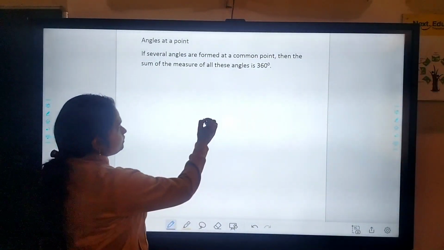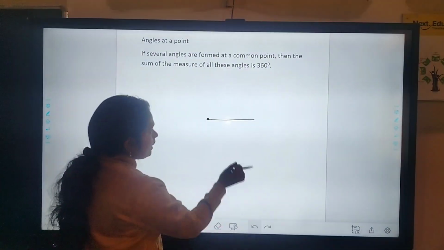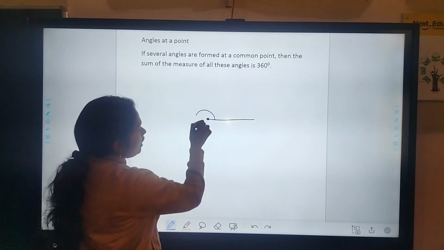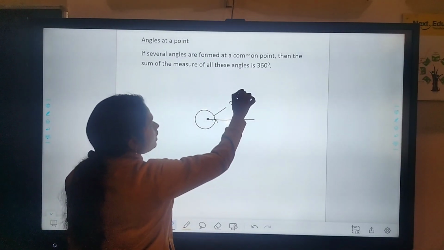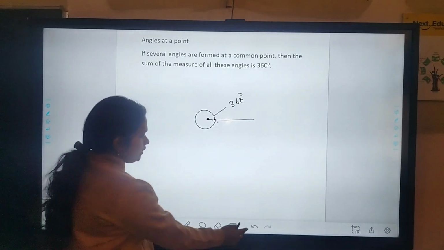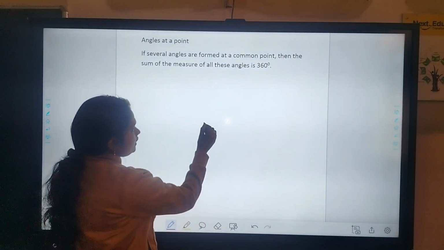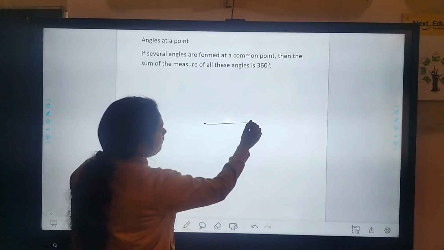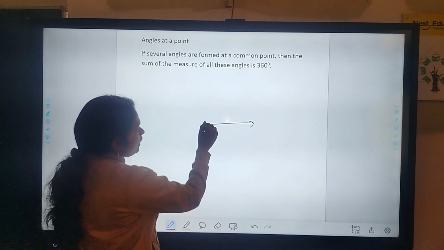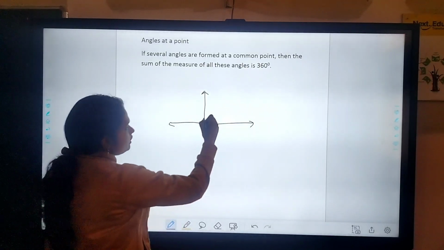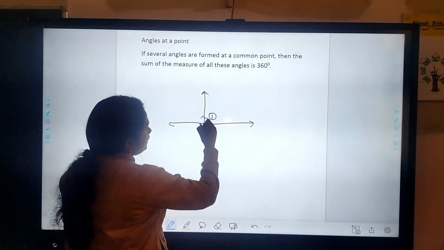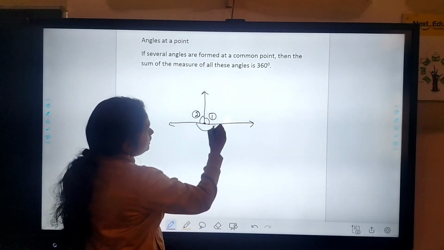One more example. If I start from here and reach here, that will be 360 degrees, which we call a complete angle. If one arm is here, another one is here, and another one is here, there will be three angles: this is the first, this is the second, and this is the third.